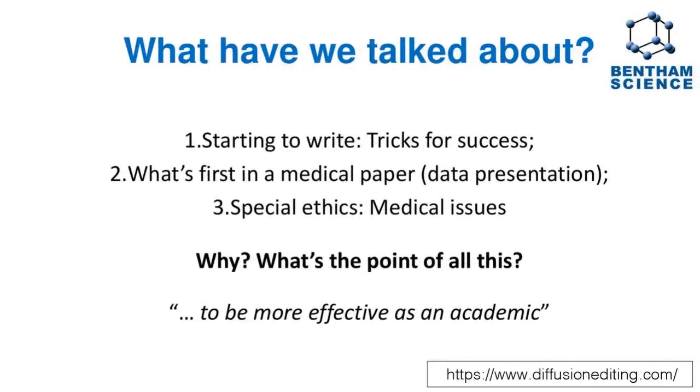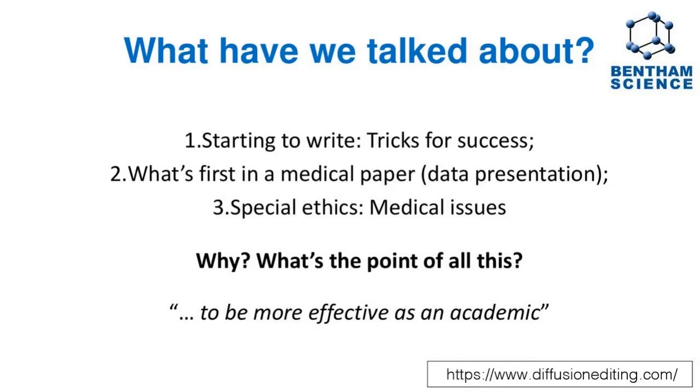So, in summary, let's think about what we've talked about in this presentation today. We've talked about starting to write, and we've talked about some tricks that you can apply in your writing for success. We've talked about what comes first in a medical article in terms of data presentation and being effective in the way that you put your data together and transmit that to your audience.